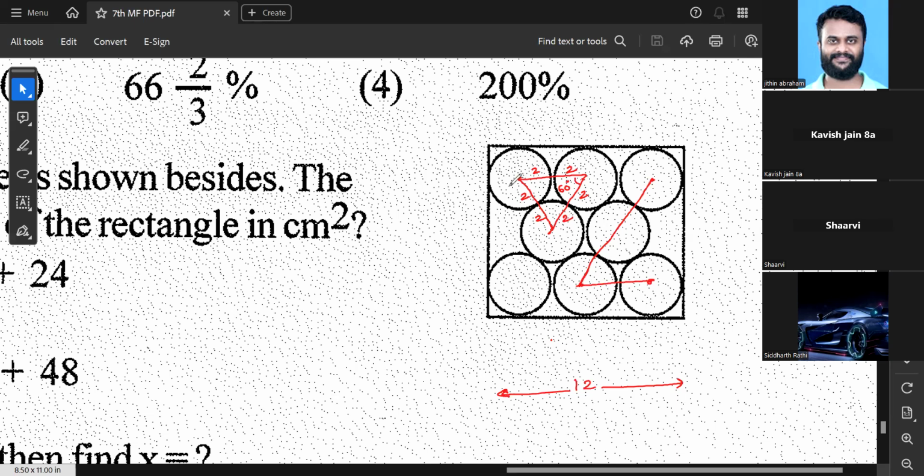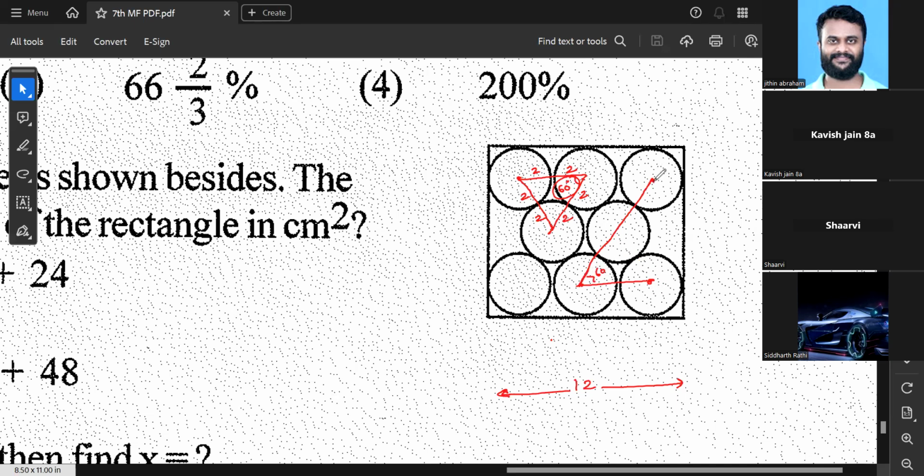Using the same logic, if this angle is 60, then obviously this angle here is also 60. Any doubt? So this angle is 60.